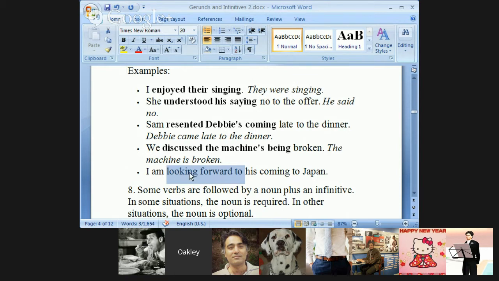Now, this is a little complicated, but the verb to be is the main verb. I look forward. No, it's I am. Oh, actually, am. I'm sorry. I am looking. This is a present continuous.